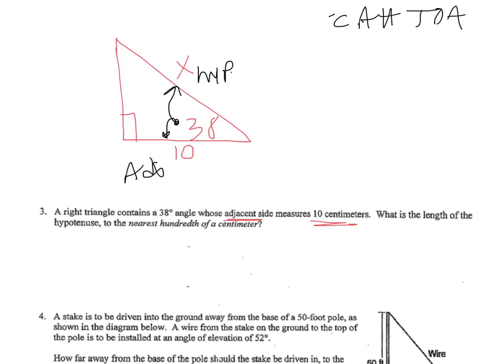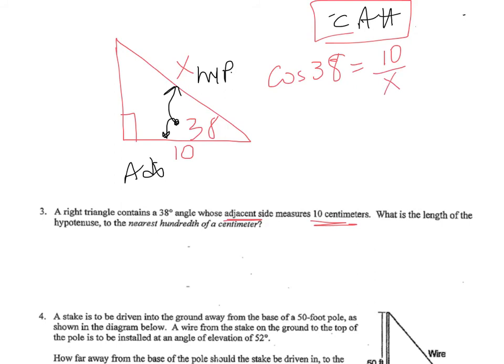And I'm definitely not going to use tangent because it's opposite over adjacent. In this case, I'm going to use cosine again because it's adjacent over hypotenuse. Cosine of 38 equals adjacent over hypotenuse.